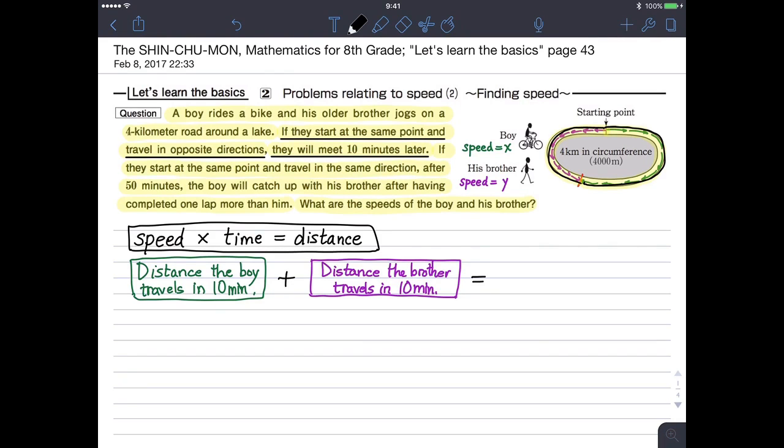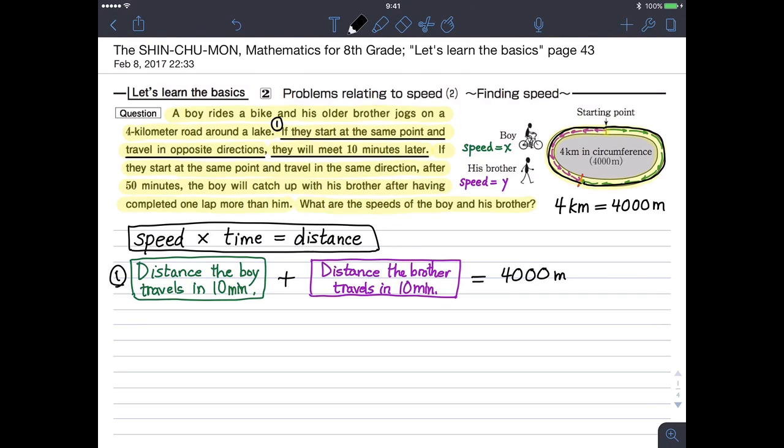The total distance around is equal to 4 kilometers, which of course equals 4,000 meters. So let's use meters in this case. That's part 1, so let's label that as 1.